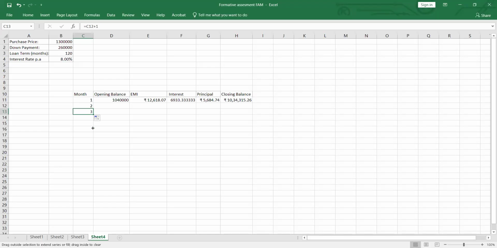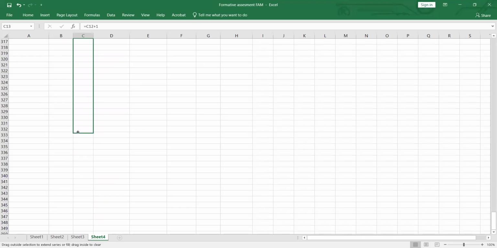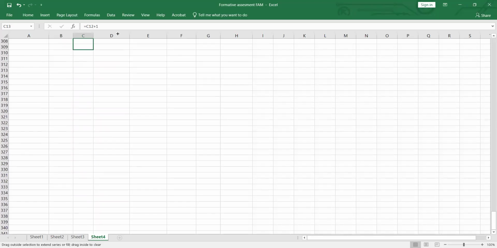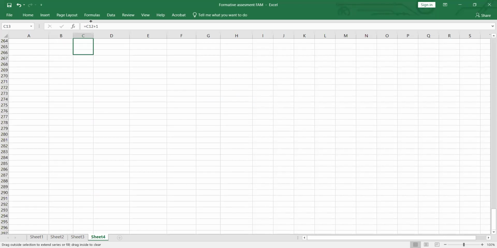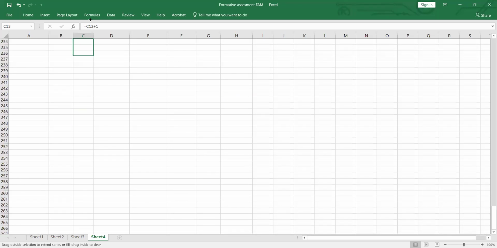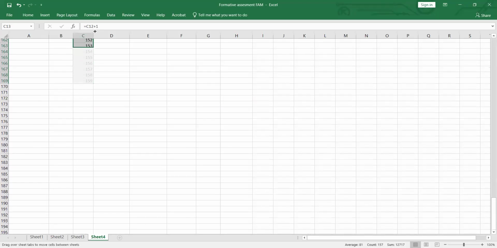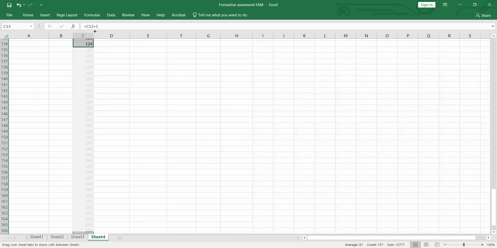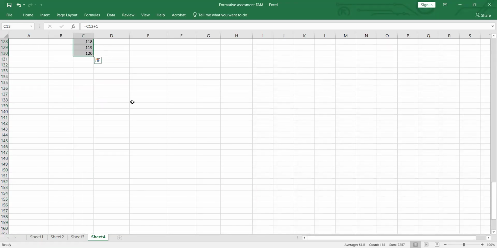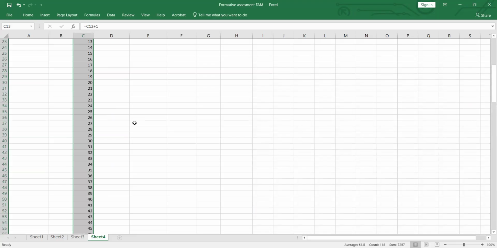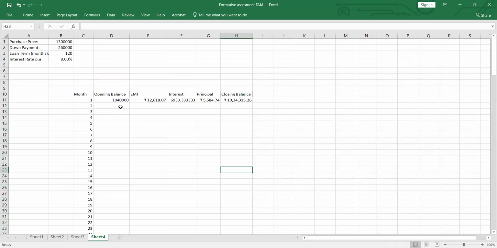We have 13 columns, so count to 120. We only need 120 rows.